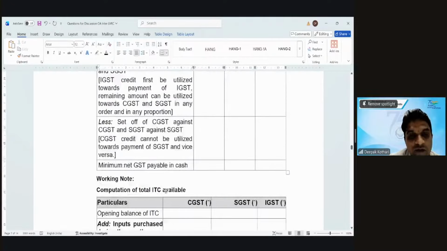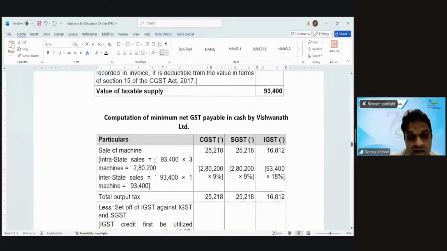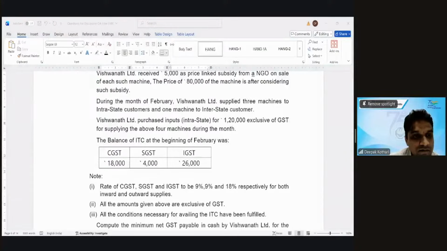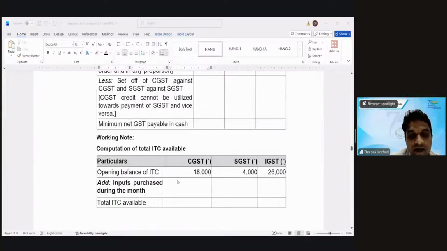Now set off of input tax के लिए I have to calculate what is the ITC available. There is opening balance of ITC which is given in the question, 18,000, 4,000, and 26,000. Right? This is the ITC which is available. And current month, how much is my ITC? Inputs purchased during the month.